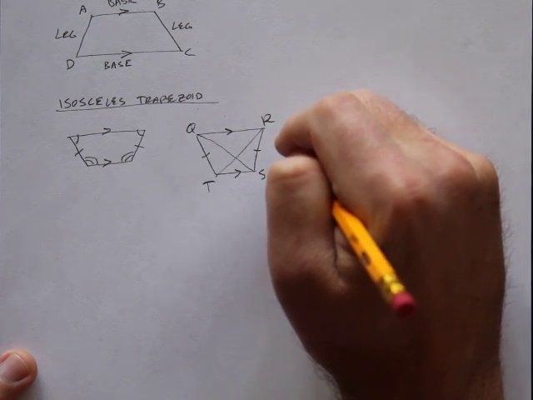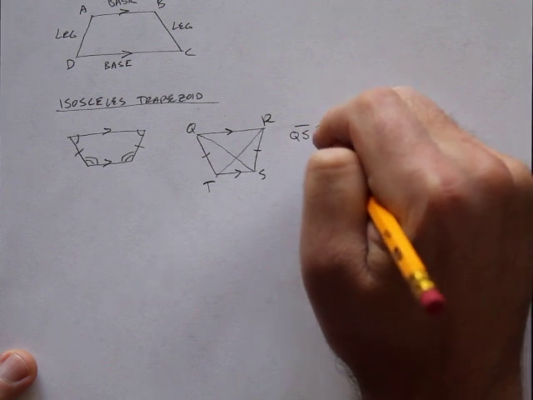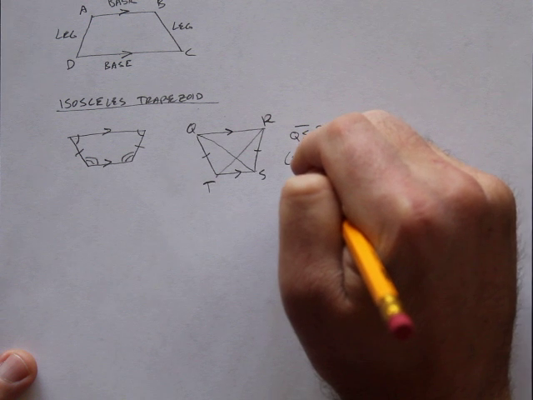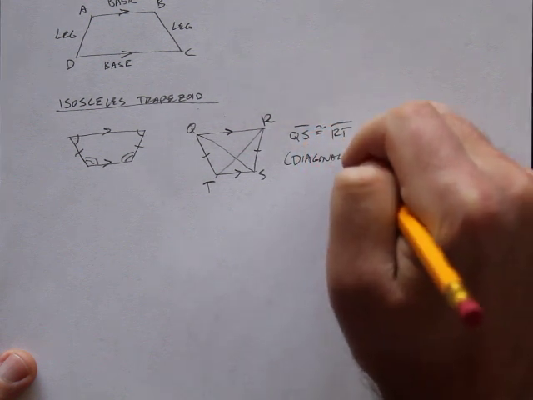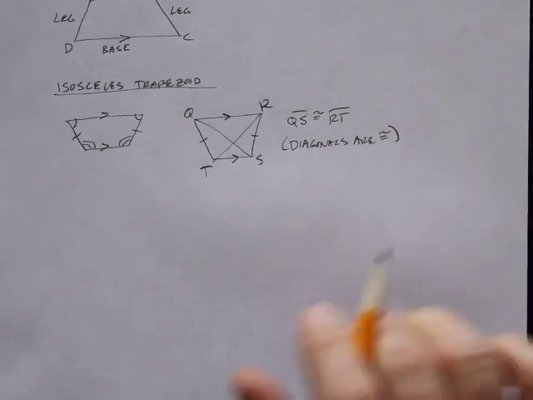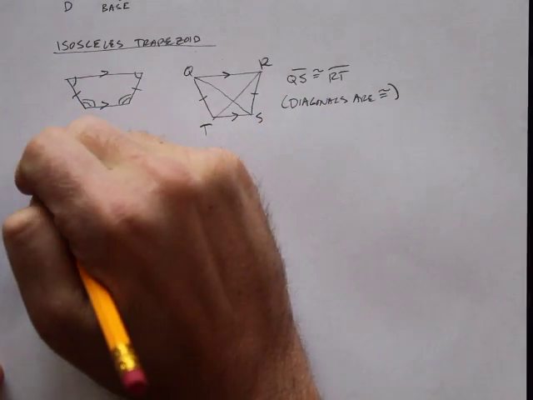And these diagonals are congruent. QS is congruent to RT. Diagonals are congruent. So the diagonals of an isosceles trapezoid are congruent. Here's an example.